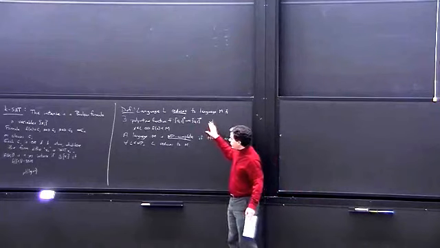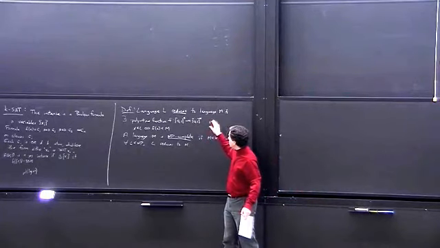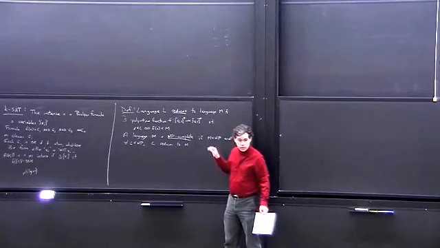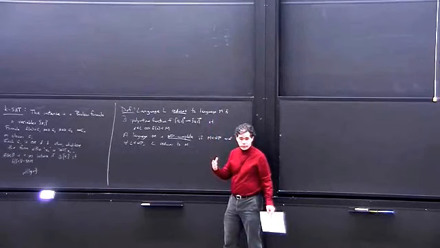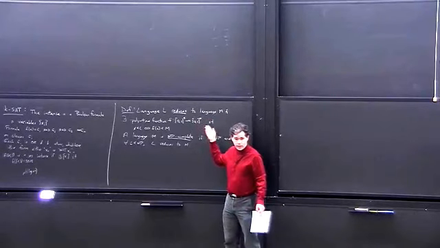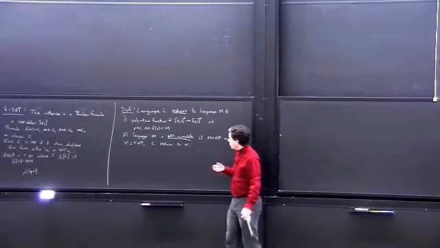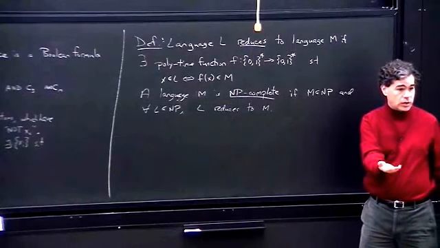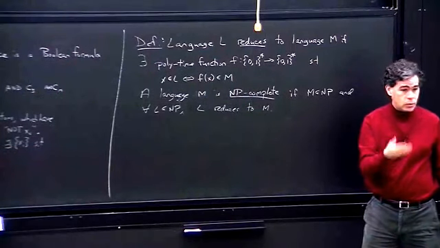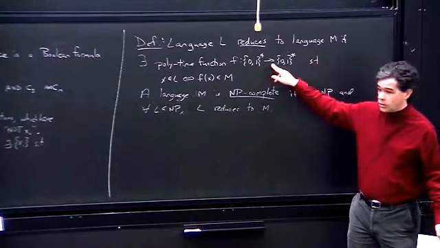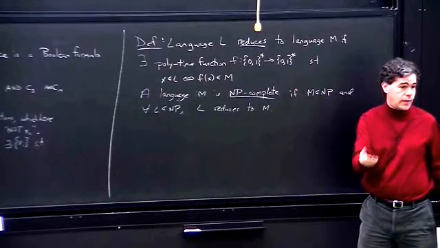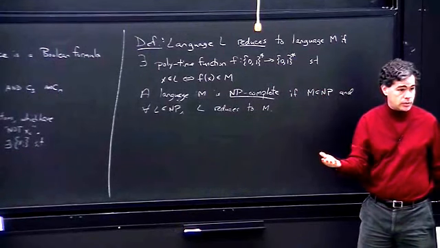And let's look at this definition, and why does it mean that M is at least as hard as L? Well, suppose you have an algorithm to solve M. Then I'll claim you also have an algorithm to solve L. Why? Well, suppose you're given an instance for L, x. Then you can plug it into this reduction. You get an instance of M, and then you solve M, right?